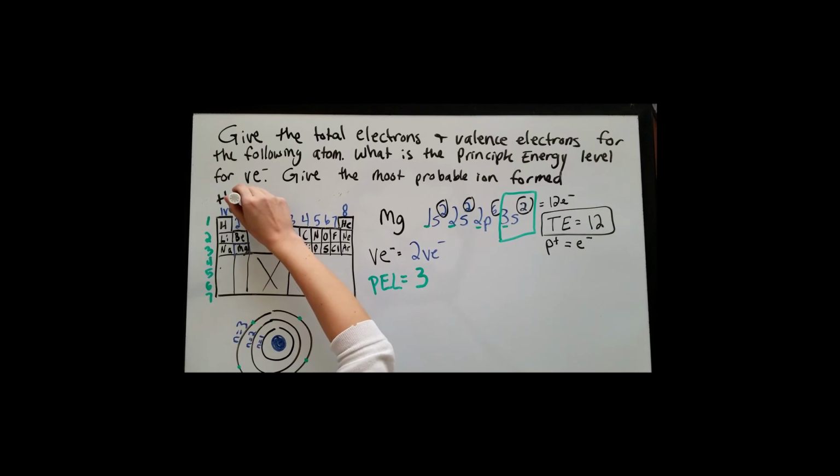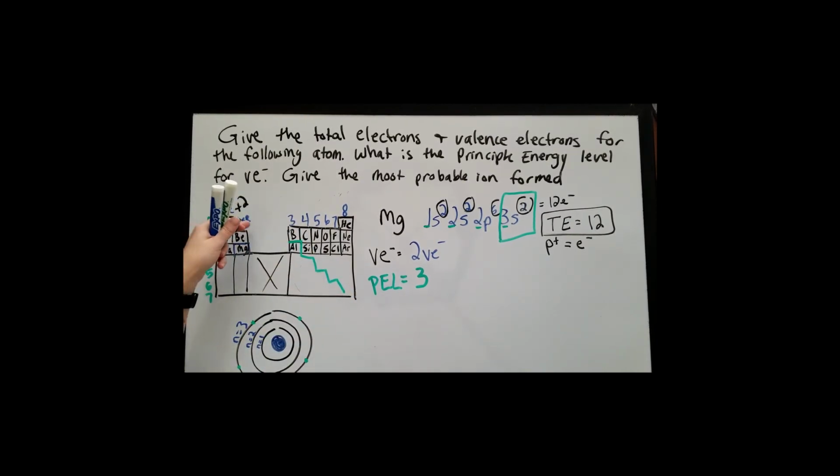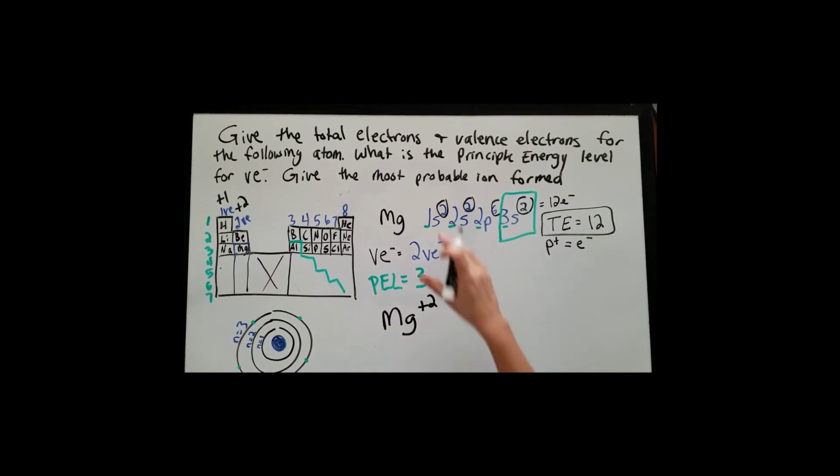Group 2 is going to form a +2. Because they have 2 valence electrons, they lose both of those valence electrons to become a +2 ion. And since magnesium is in that group, the most probable ion for magnesium is going to be +2. So we've answered all the questions for this particular problem.